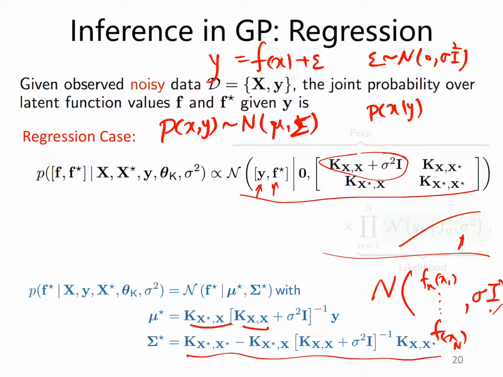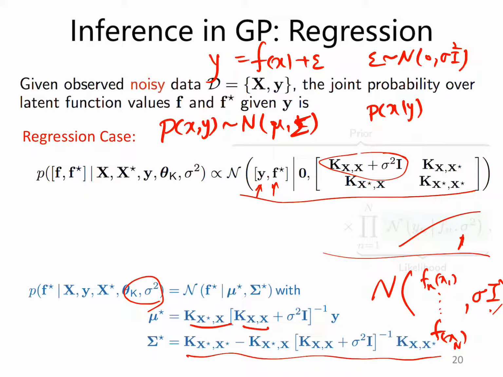So what I'm saying here is that at the end of the day, for the test data, what we are interested in is computing the posterior, given all of my training data and parameters. These are my parameters that I have to learn. I'm assuming that I've already learned them, I fixed them. I'm interested in computing the posterior.